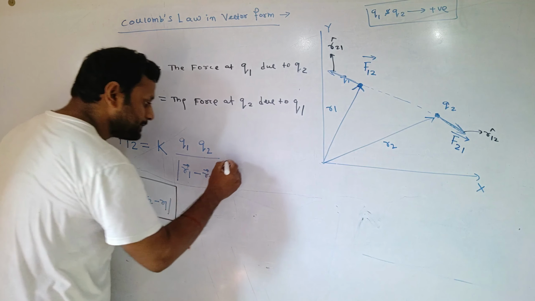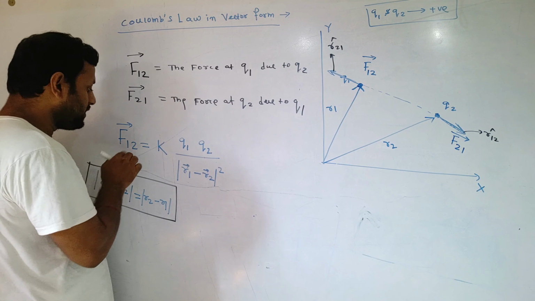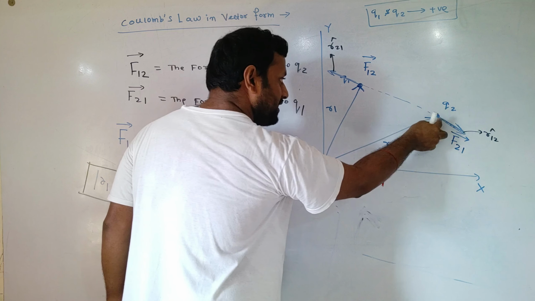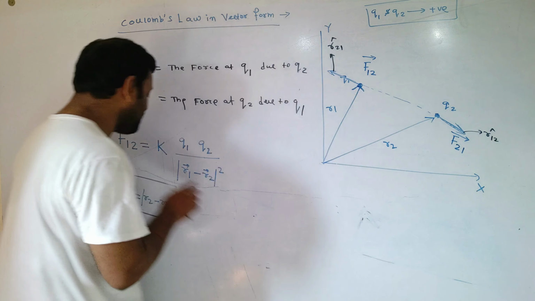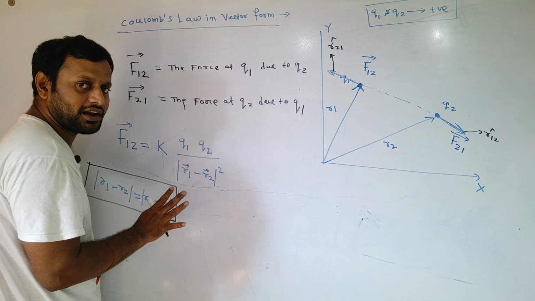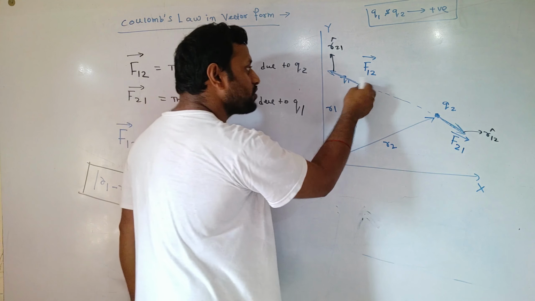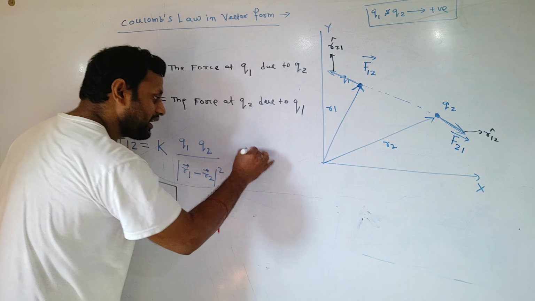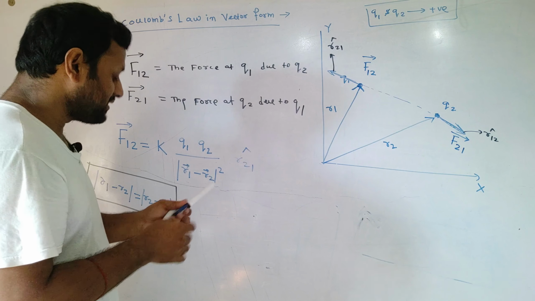Next, F12: I need to calculate the force at this point. The magnitude remains the same, k q1 q2 by r square. Then what is the direction? At this point the force direction is here, that is r21 cap, the unit vector.